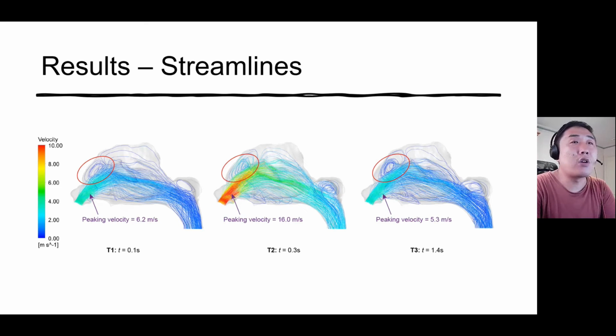Then most of the air currents were conducted through the middle to inferior portion of the main passage. Notable flow separations can be found at the anterior upper portion of the nasal airway, as highlighted by the red circles, which may lead to an extended residence time for inhaled particles. This can pose additional exposure risk to the airway.